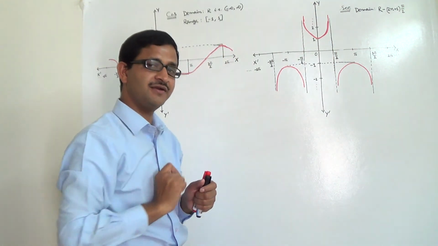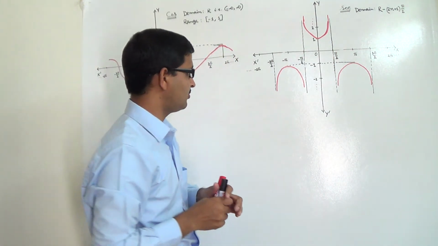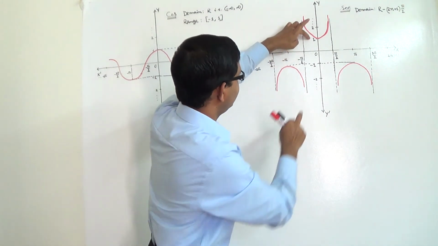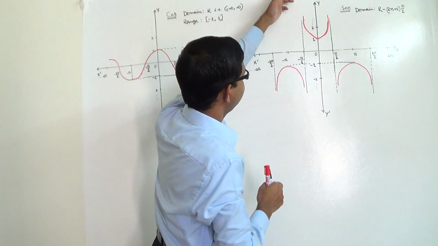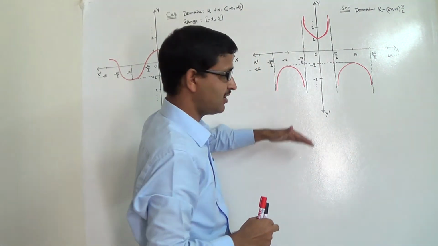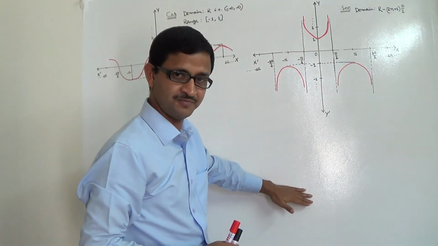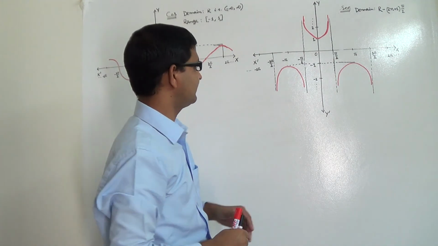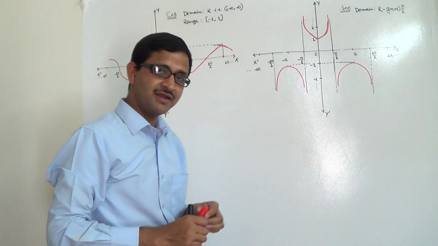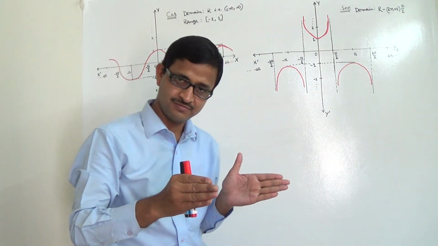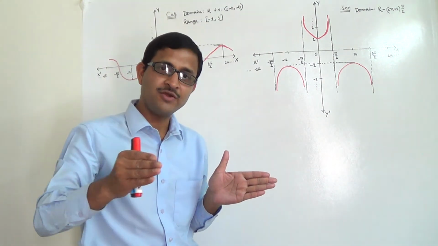You cannot find the red curve crossing any value between minus 1 and plus 1. But beyond 1 and below minus 1, it is covering all the points. Right? So we can say the range of this function is minus infinity to minus 1, then 1 to infinity.